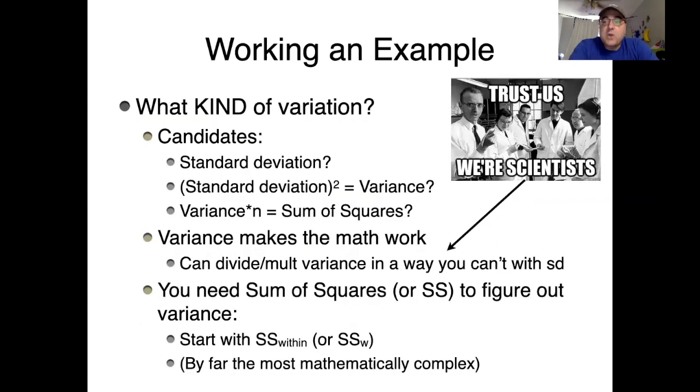Now, we've talked about several different ways to measure the amount of difference between numbers in a list. We can take the range, we can take the sum of squares, we can take the variance. Typically, we use the standard deviation.